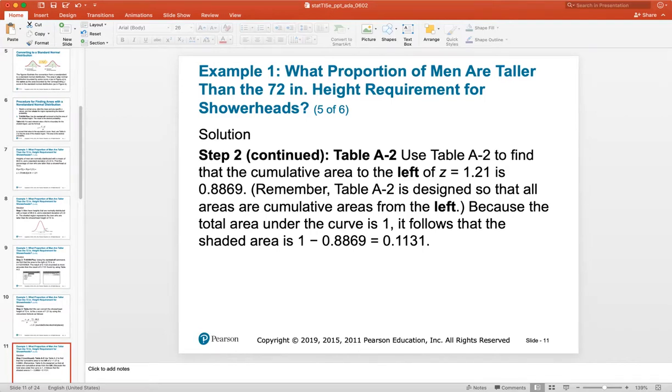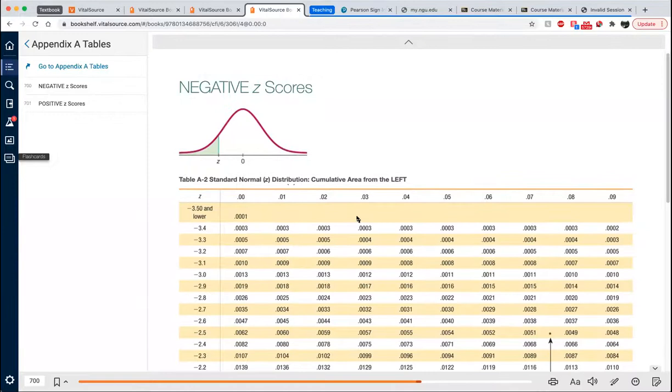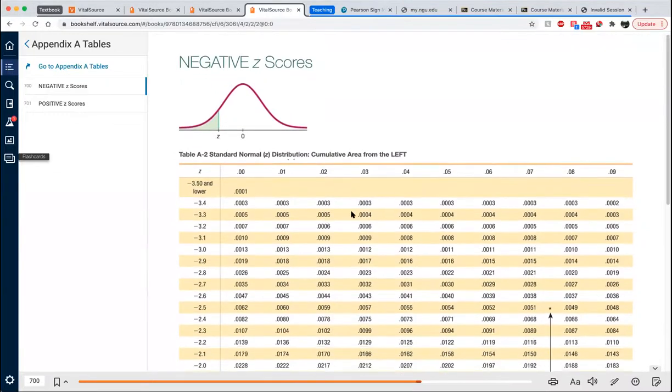Just give me a second. As you can see, this is table A-2, for negative z-scores. You see the figure right there? This is the density curve of the standard normal distribution, so the horizontal axis represents the z-score, and the table gives the area of the shaded region.